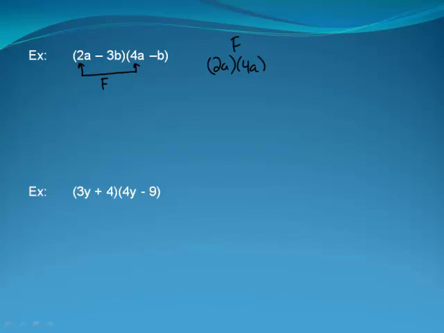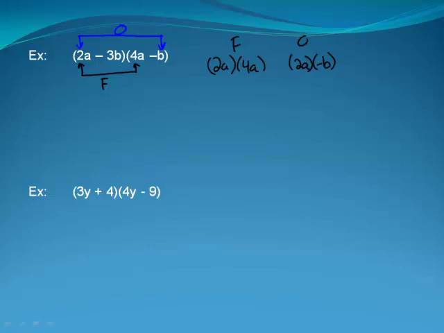Outer means the outer 2 terms as you look at the problem as it's written. So the outermost term on either side would be our positive 2a and our minus b. That's our outer product. So outer, over here, would be 2a times minus b. Okay, carry the sign.